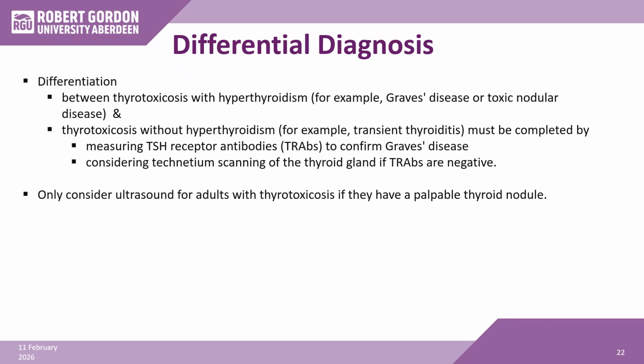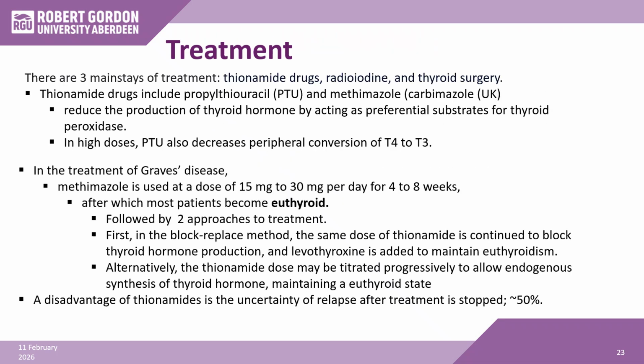So for thyrotoxicosis without hyperthyroidism to be diagnosed, measure TSH receptor antibodies to confirm Graves' disease, as well as considering technetium scanning of the thyroid gland if the antibodies are negative. So only consider ultrasound for adults with thyrotoxicosis if they have a palpable thyroid nodule. So that's again very diagnostic, but I thought I would include it here for completion.